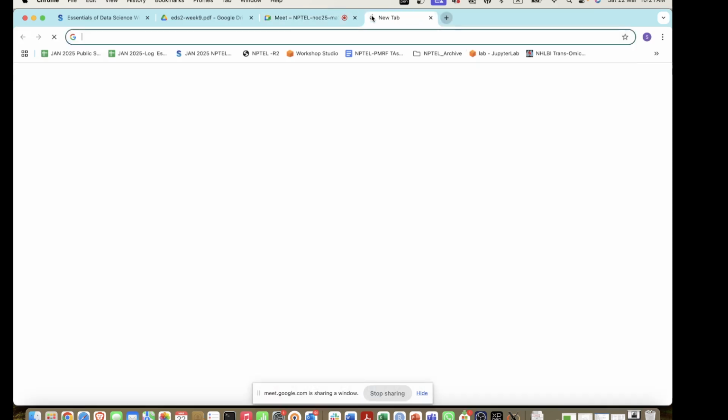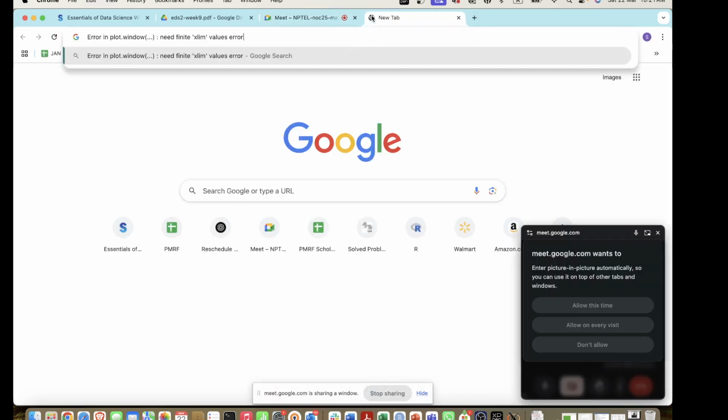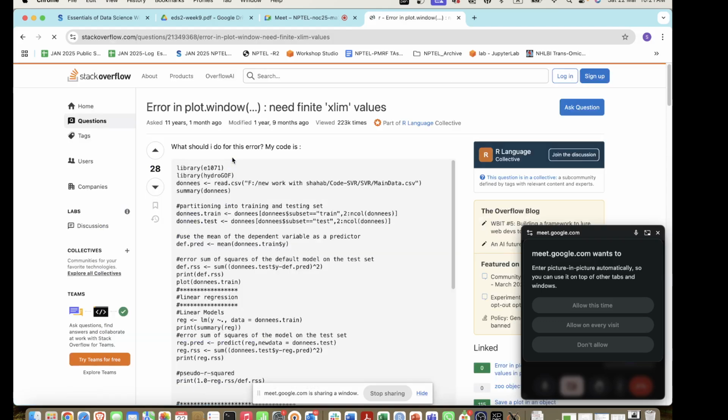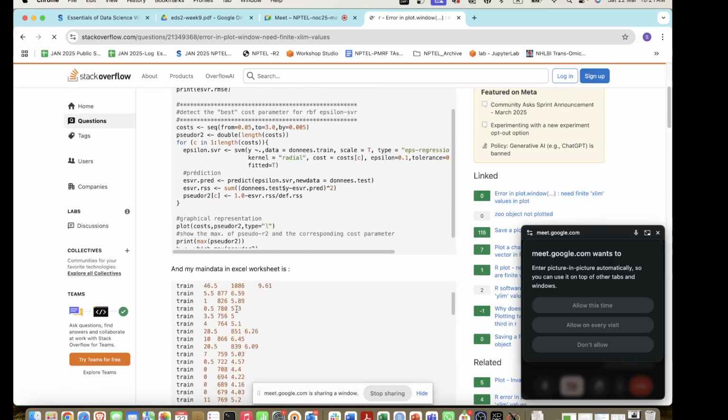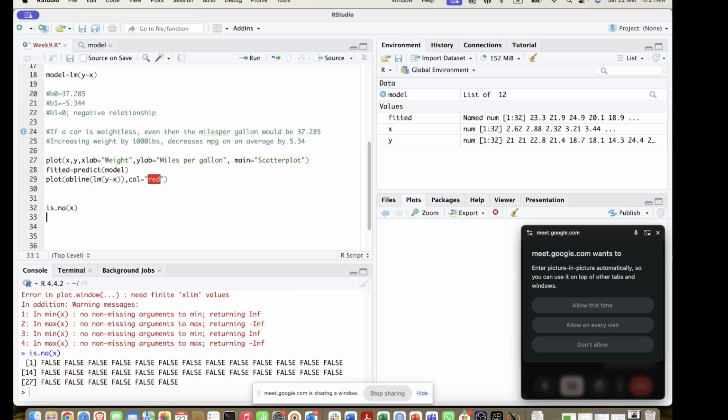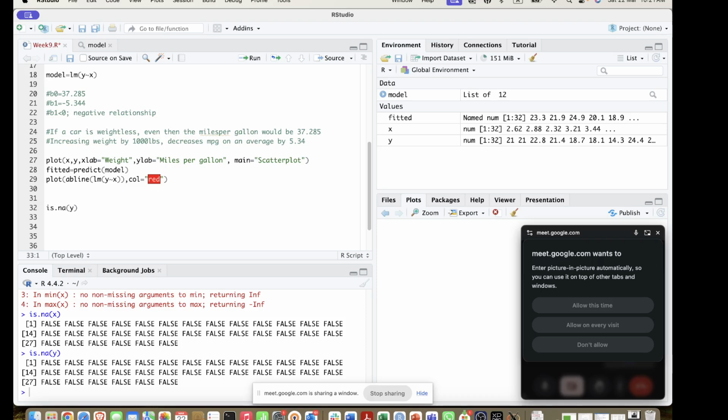Let's find out. They are saying that it could be possible that there is an NA value, but I don't see an NA. Let's check. is.na x, all are false. is.na y, that is also false.